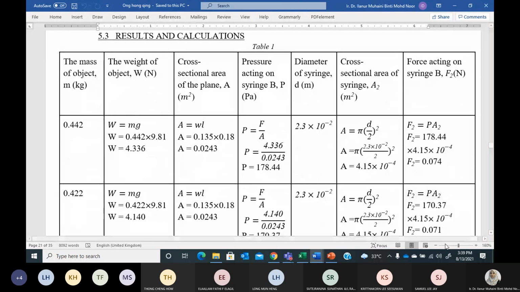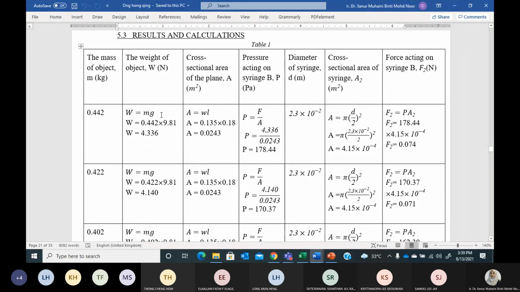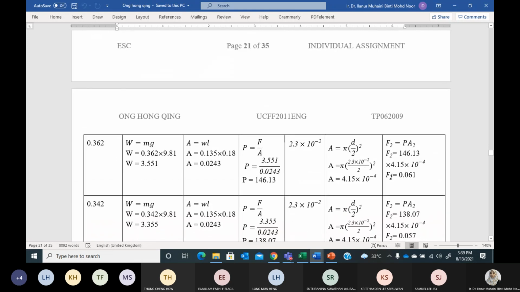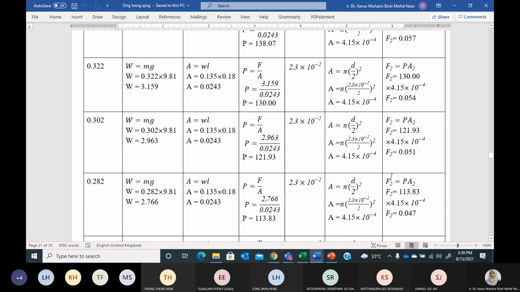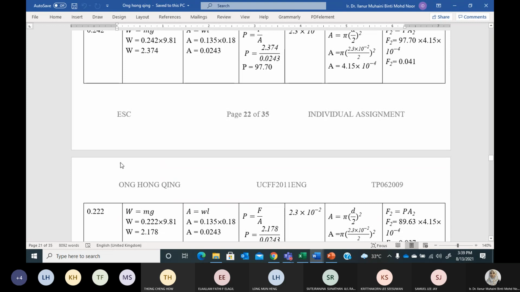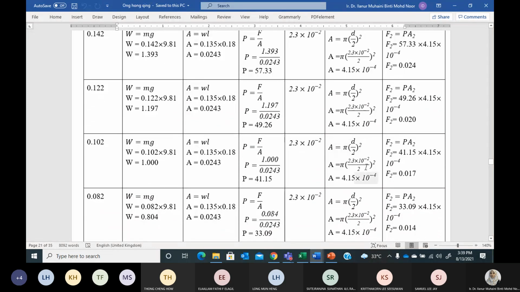After that, result and calculation also very detailed, you see. Very detailed. All the formula is inside the table. Just now one not right. Just now one, the final result is in the table, but the formula, the rest are outside the table, also can. See, very a lot of data. There are some students who give just three rows.